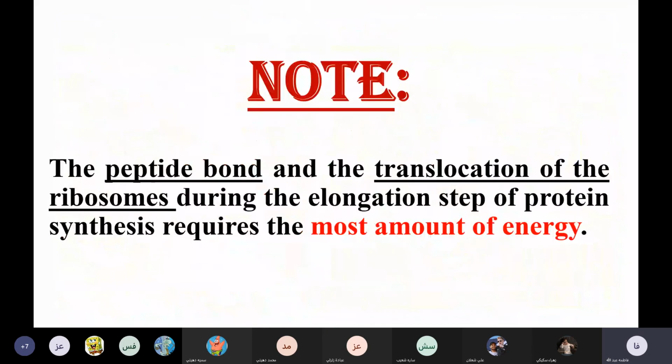So here, the peptide bond is the first reason. And the translocation of the ribosomes during the elongation step of protein synthesis requires the most amount of energy. So this is the most energy-requiring step in protein synthesis.